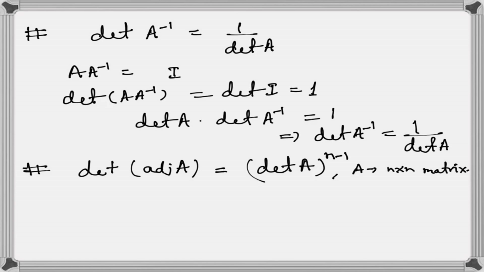This is also not very difficult to prove. I think these are more or less the properties which we will be using when we solve problems related with determinants and matrices.